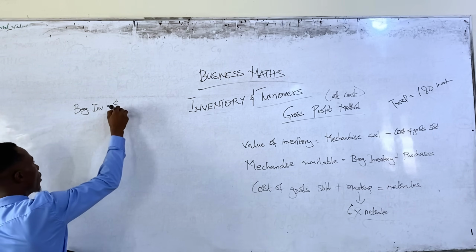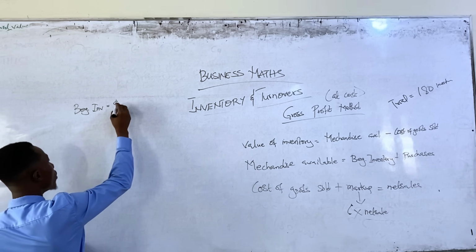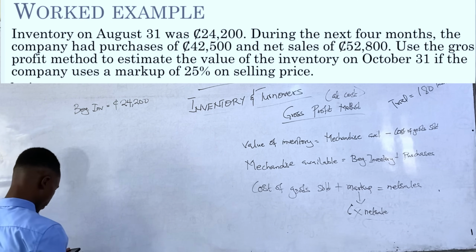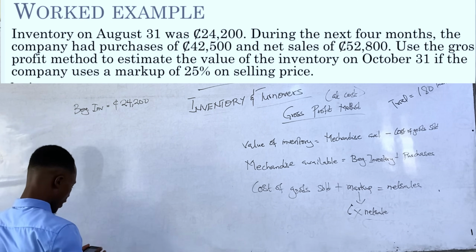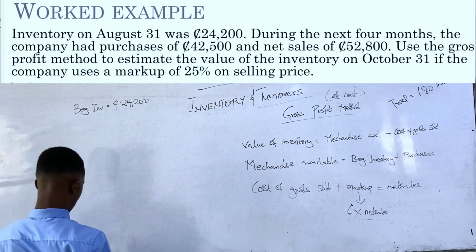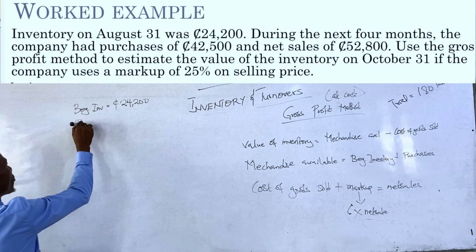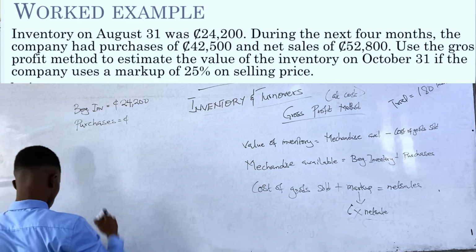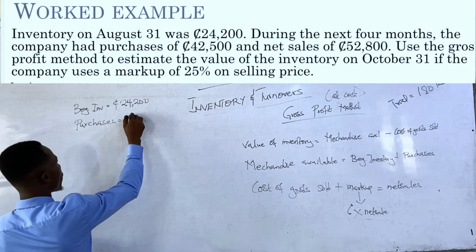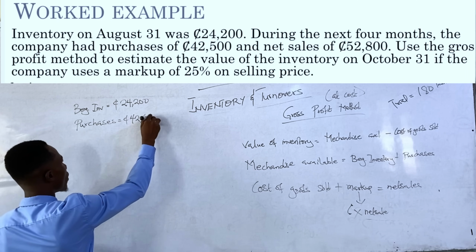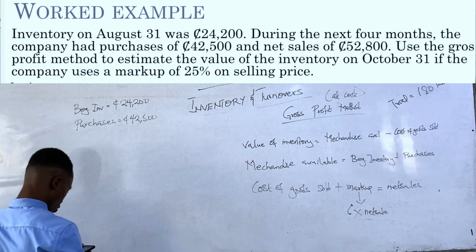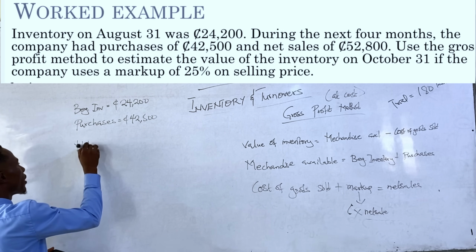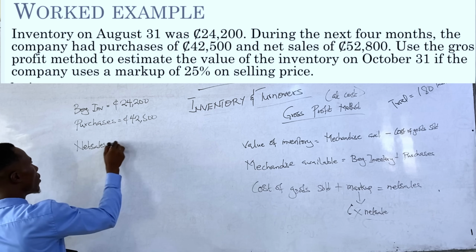During the next 4 months, the company had purchases of 42,500, and net sales of 52,800.